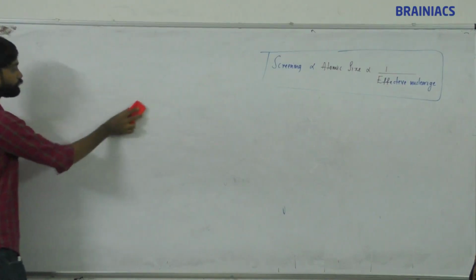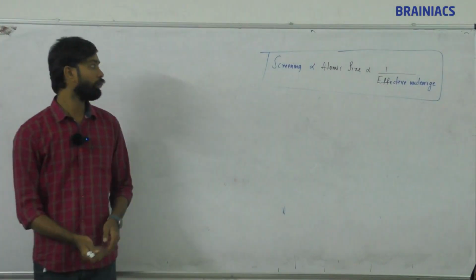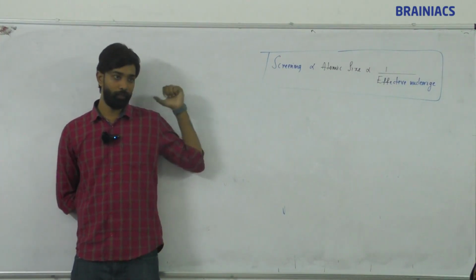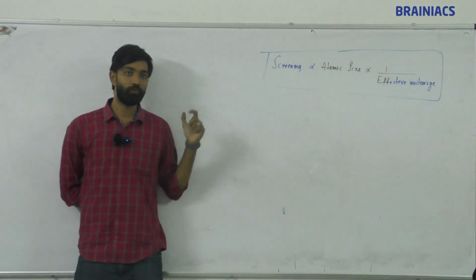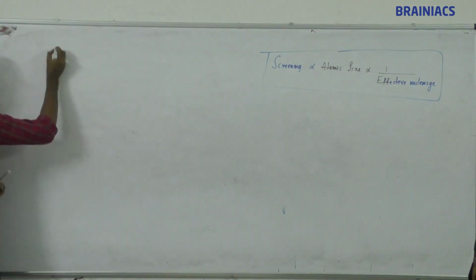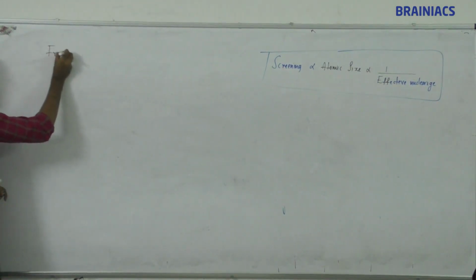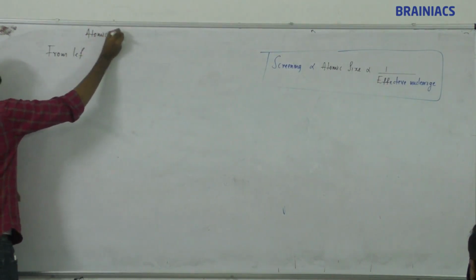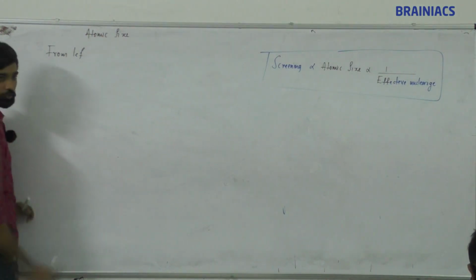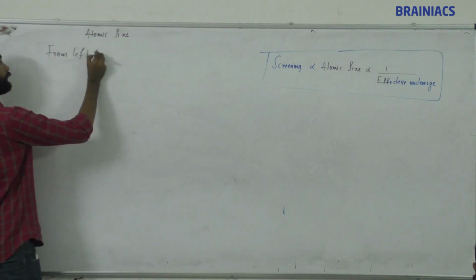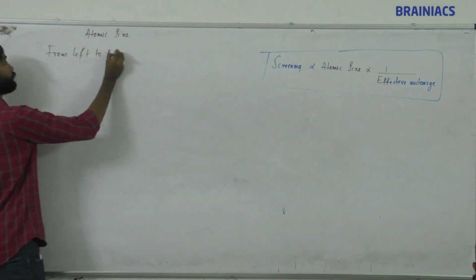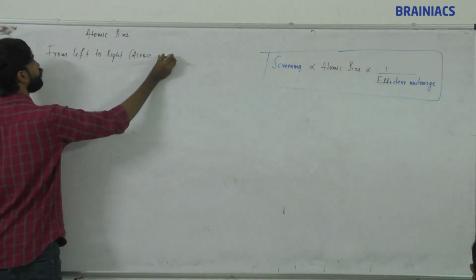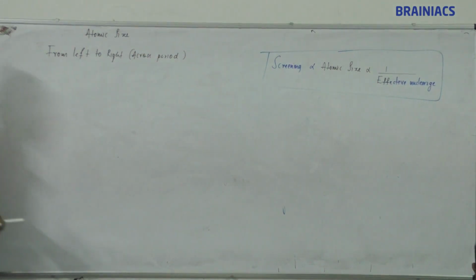Now, my point is, in a particular period from left to right, my property is atomic size or atomic radius, across the period. What is the trend of atomic size and what is the necessary explanation?